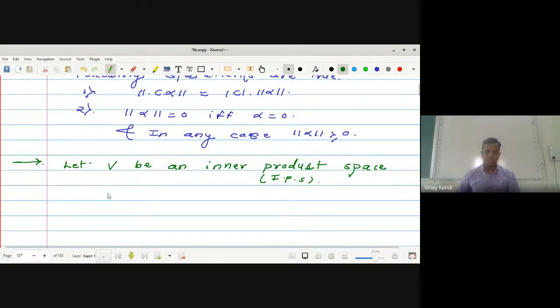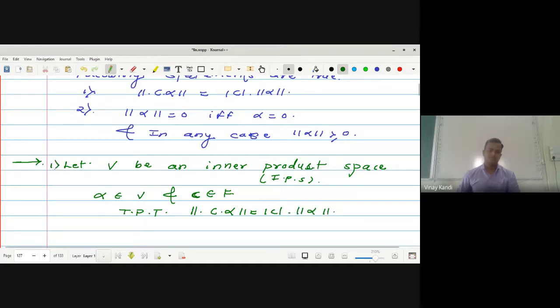Okay, now let alpha belong to V and small c belong to capital F, any scalar belonging to F, and we have to prove that norm of c into alpha is equal to mod of c into norm of alpha.